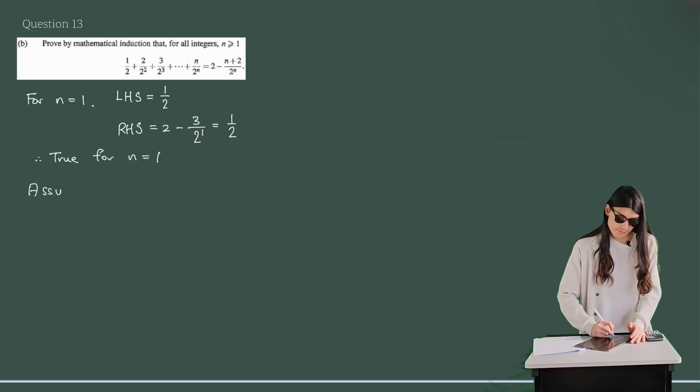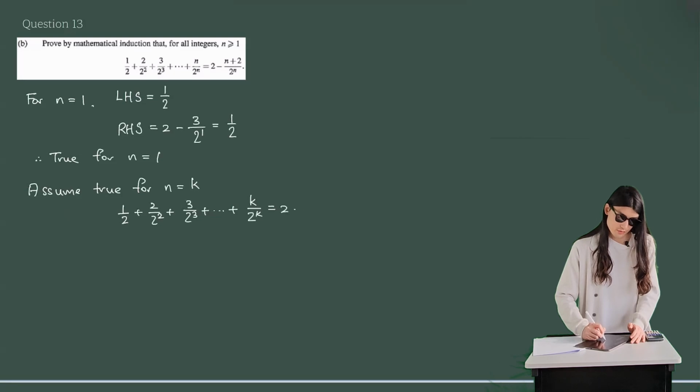Assume true for n equals k. This is your second step of induction. So that means assume 1 over 2 plus 2 over 2 squared plus 3 over 2 cubed plus ... k over 2 to the power of k is equal to 2 minus k plus 2 all over 2 to the power of k.